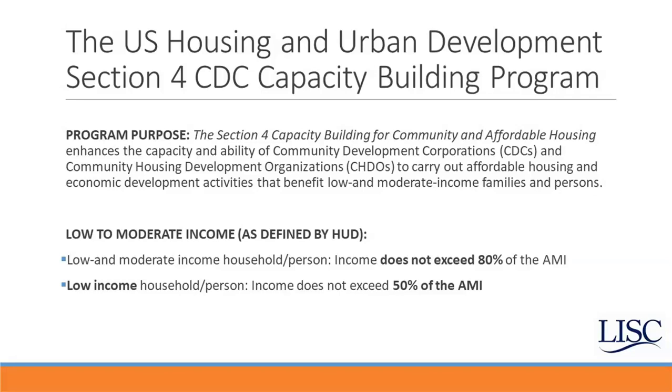And just for your reference, HUD defines low to moderate income households and people as having income that doesn't exceed 80% of the area median income. And specifically, low income people under this program are those earning income that doesn't exceed 50% of AMI.